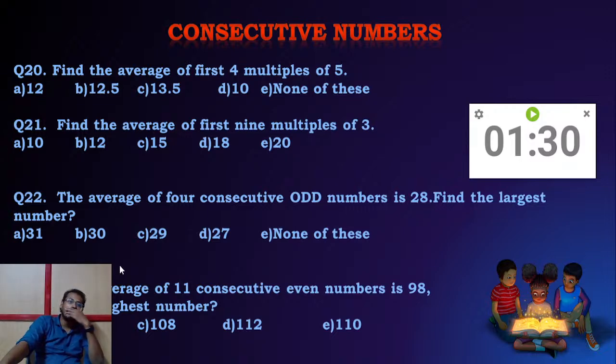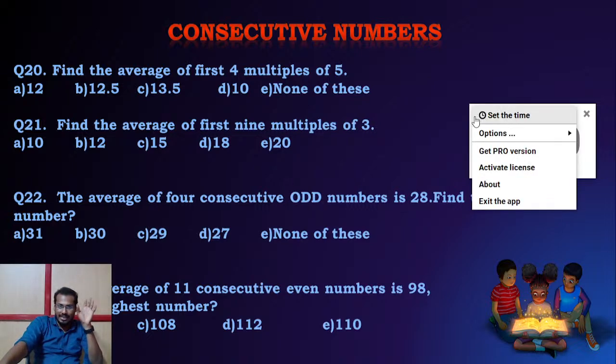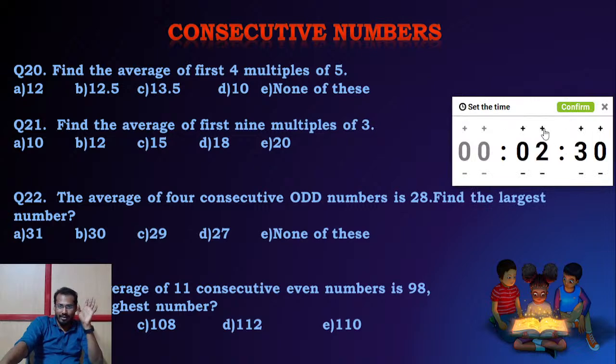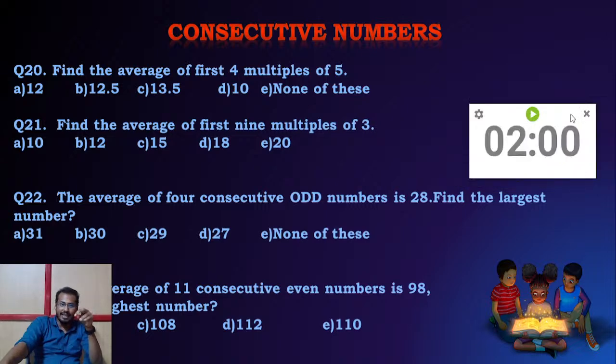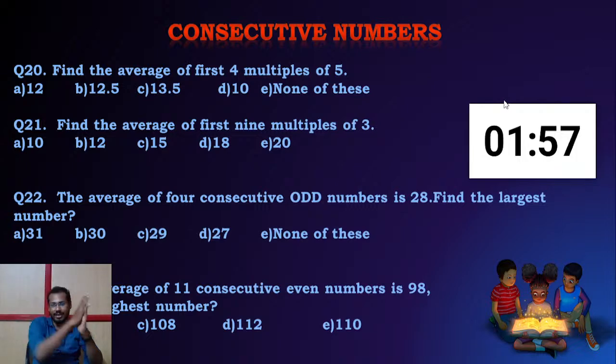The last one, consecutive numbers. Okay. So directly I will give you 2 minutes. Last 2 minutes. Just everyone give your answer. For this one, 10 seconds is enough. I will explain at last. Okay, 2 minutes for all the 4 questions. I will explain in one shot.